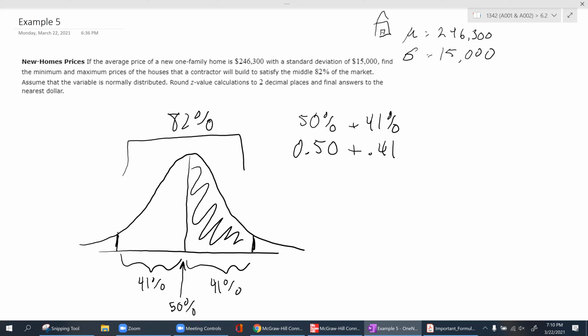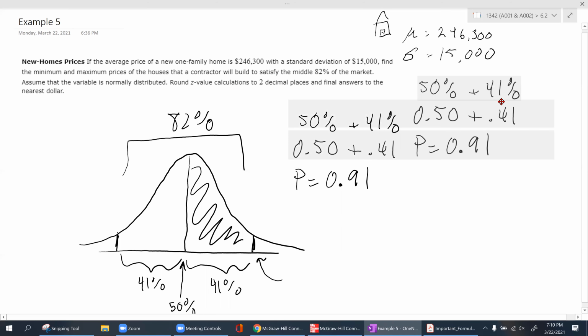Meaning the probability value that I'm looking for is 0.91. So the probability value that I'm looking for is here, and I'm going to find out what Z value belongs to that. So let me go ahead and save this one.